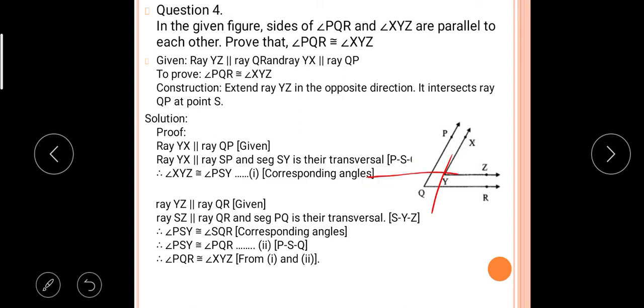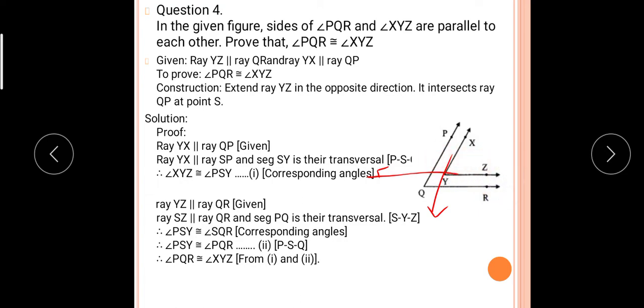So now what to prove? Angle PQR is equal to angle XYZ. Very simple. Now see here students, PQ is parallel to XY, QR is parallel to YZ.